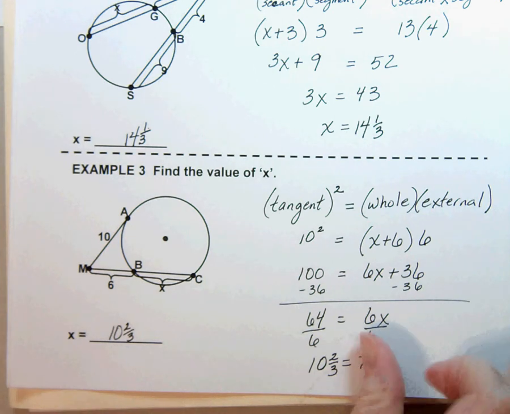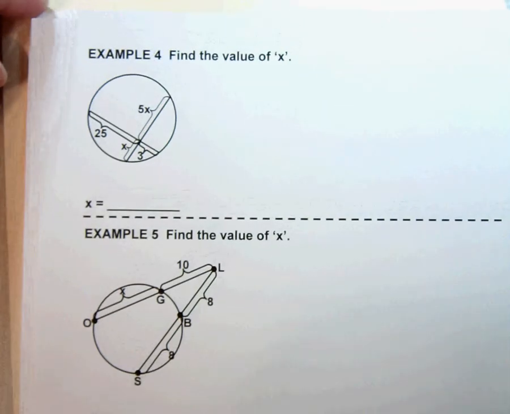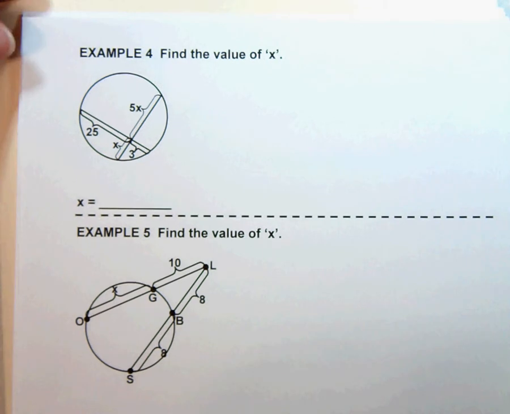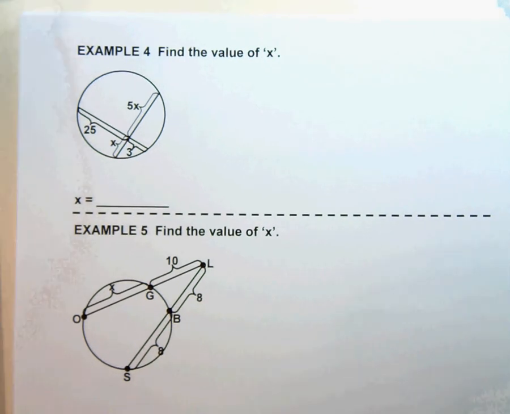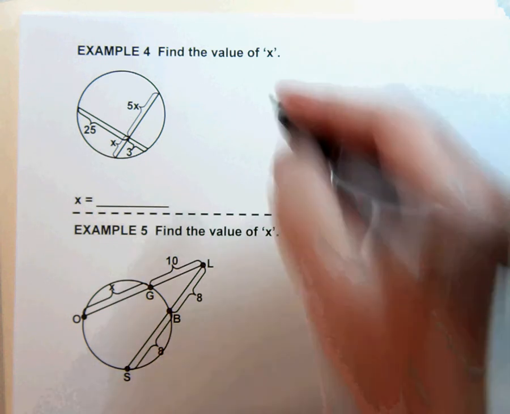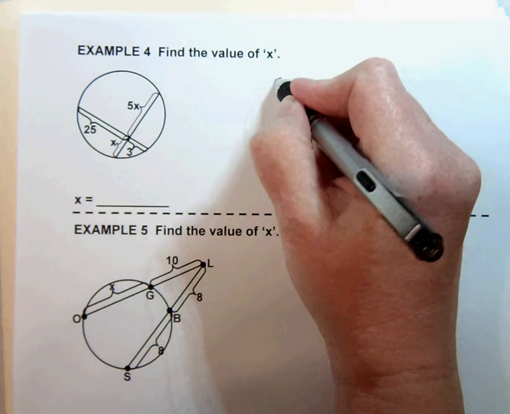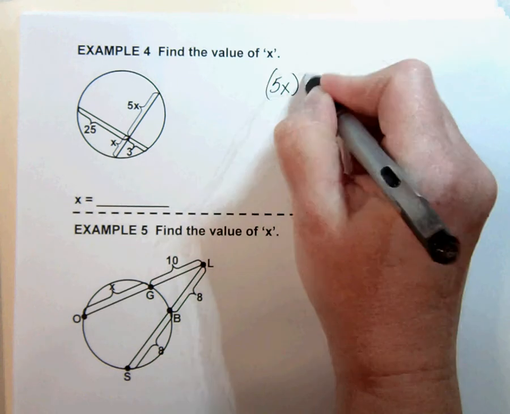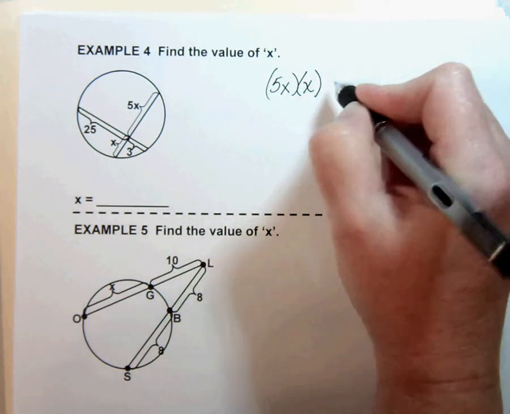Alright, 2 more. Example 4. Find the value of x. This one is like the first one. It's got 2 chords. So you're going to do the product of each piece. So the 5x is multiplied by the x, the pieces of that chord.